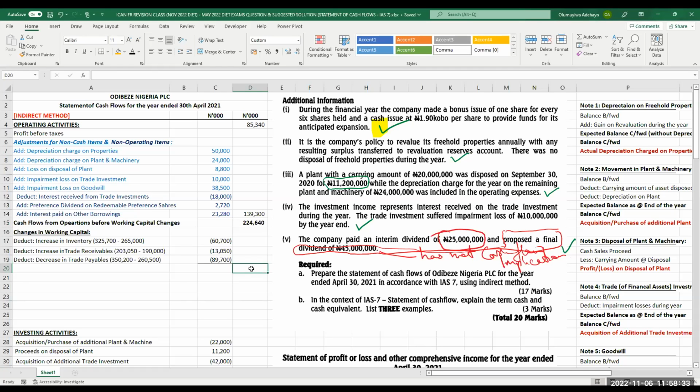Now, working capital changes. What's the total effect of that? That's this.